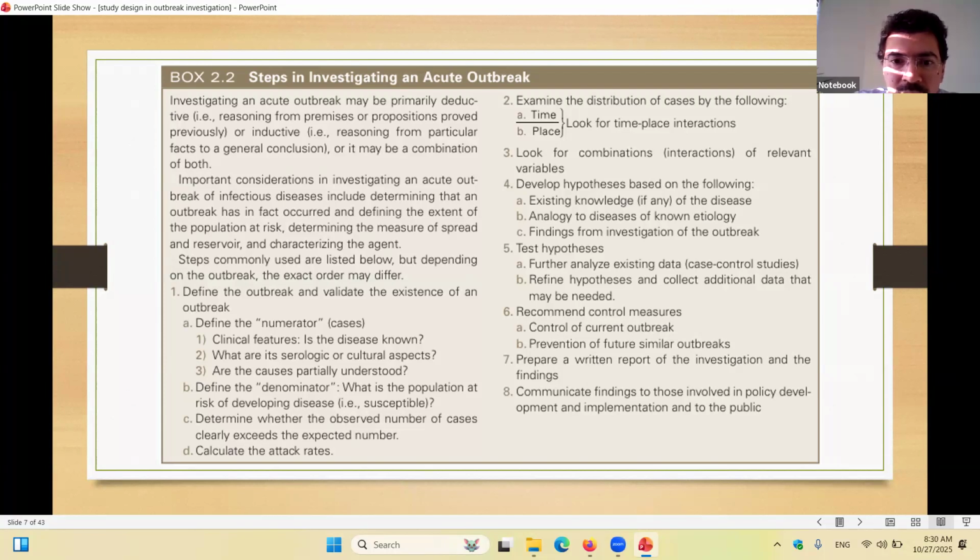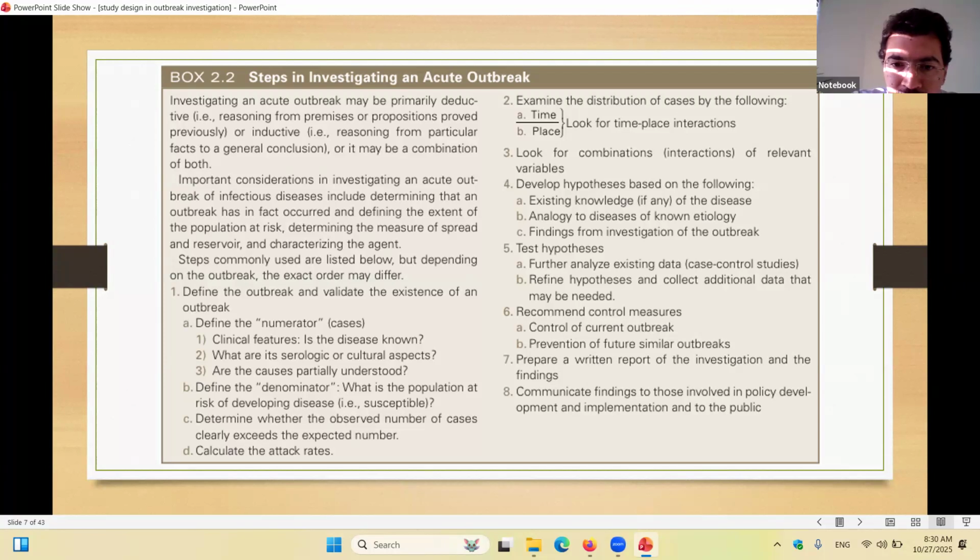Sometimes the orders are different according to the different outbreaks. So I repeat this point. Sometimes testing the hypothesis is time consuming, and we cannot wait for it.